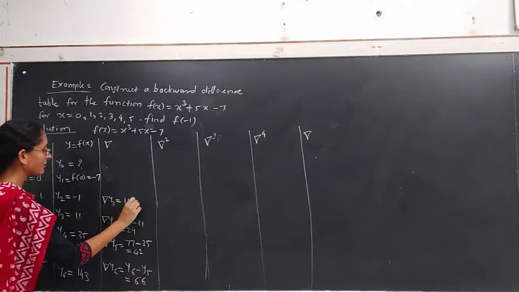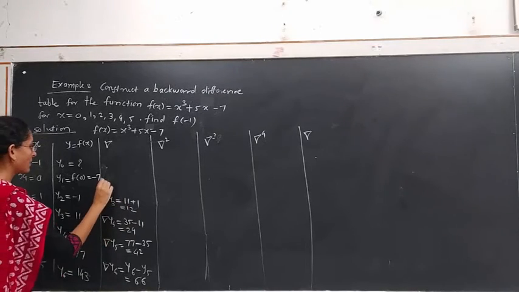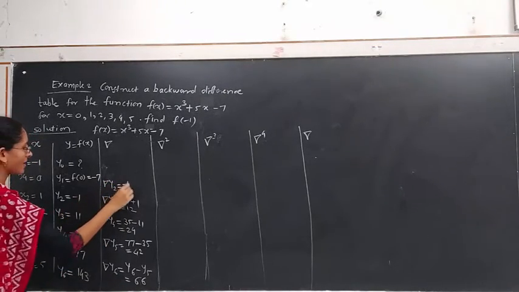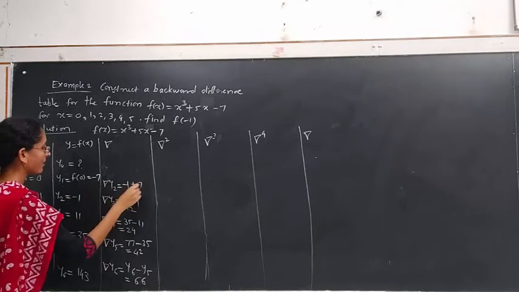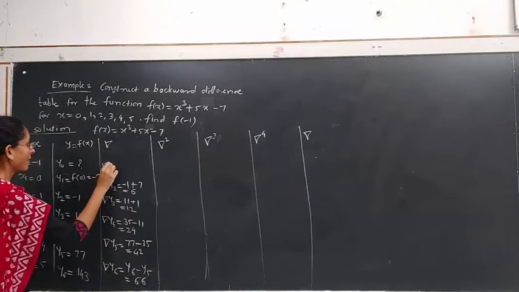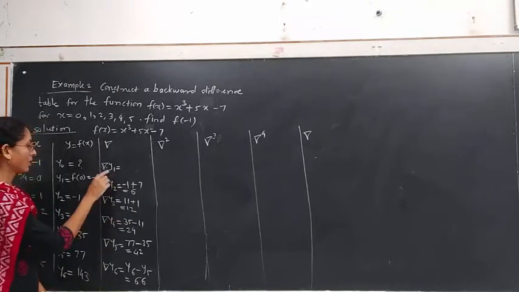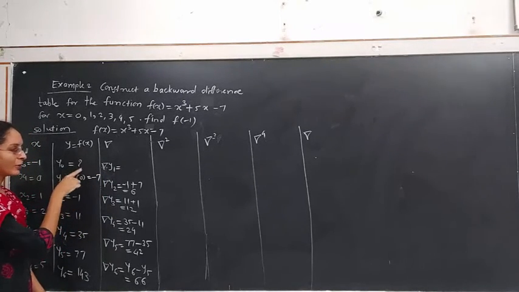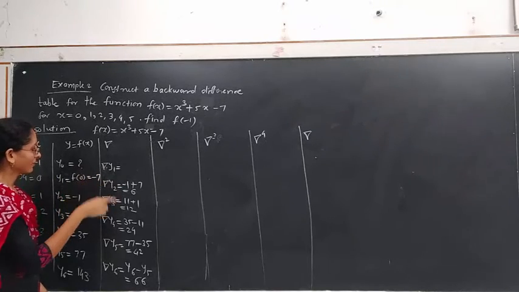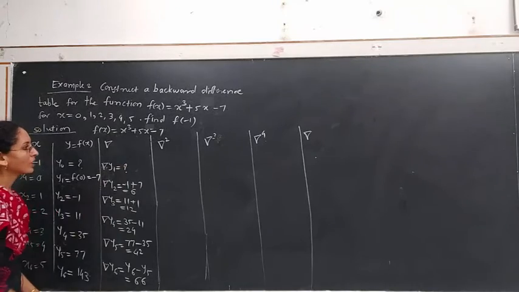The y3 value is 11 minus minus 1, which is equal to 12. Next value is del y2, which is y2 minus y1. y2 is minus 1, y1 is minus 7, minus plus 7, which is equal to 6. Del y1, what is this value? y1 minus y0. We know the value of y1 but we don't know the value of y0, because we have to calculate that value from the table after completion of the table. So this value is unknown.